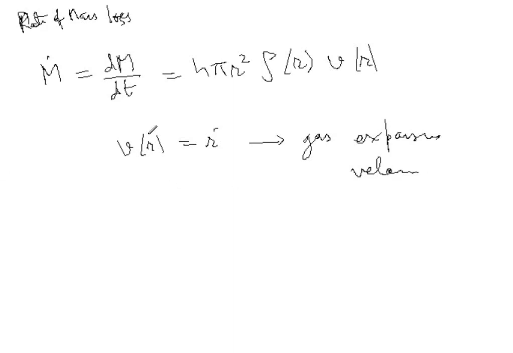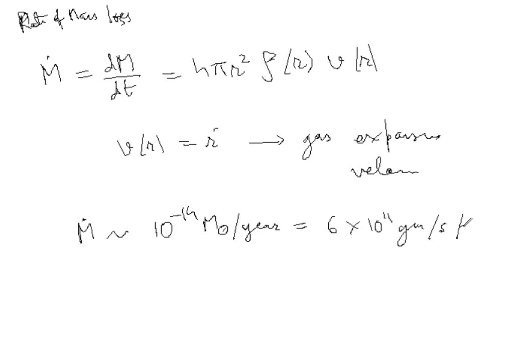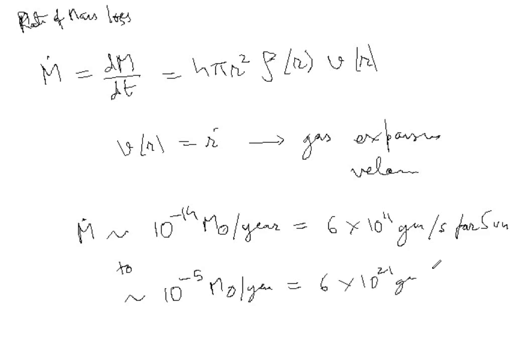So if you put in the values of r that we just talked about previously, then you will see that we get mass loss ranging from, say, 10 to the power minus 14 solar mass per year, which is 6 into 10 to the power 11 grams per second for the Sun, to the order of 10 to the power minus 5 solar mass per year, which is around 6 into 10 to the power 21 grams per second.